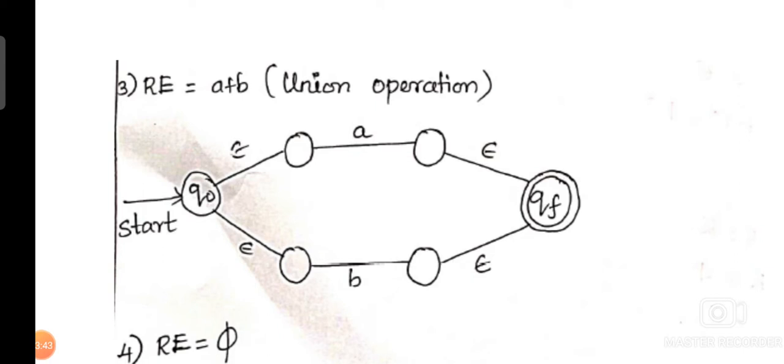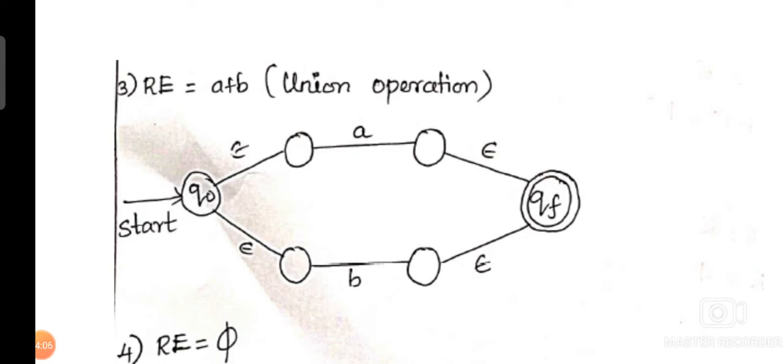Since in this method we have to construct the non-deterministic finite automata with epsilon transitions, for regular expressions having the plus operation, that is union operation, we have to include the epsilon edges in between the other valid symbol edges.